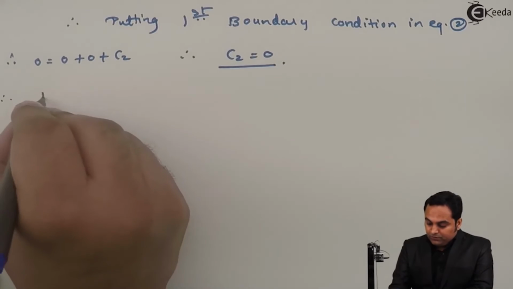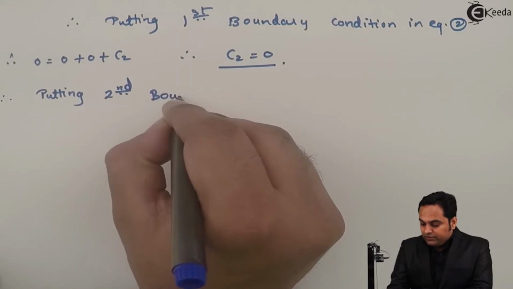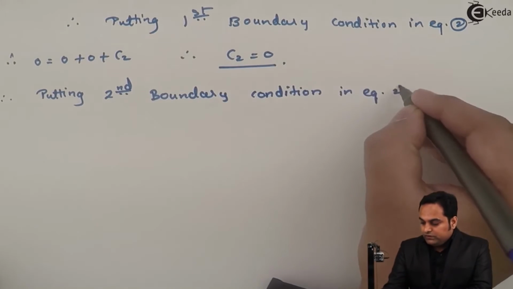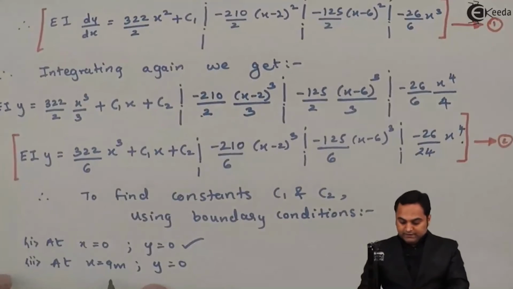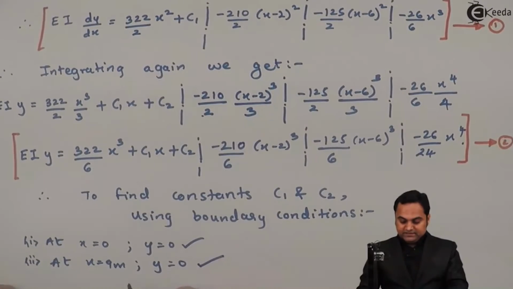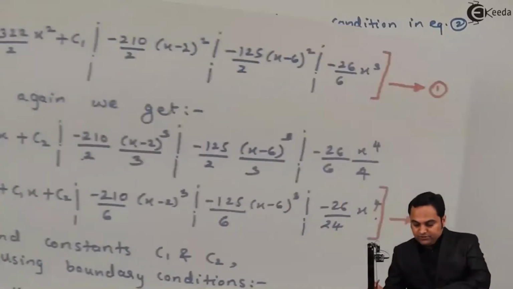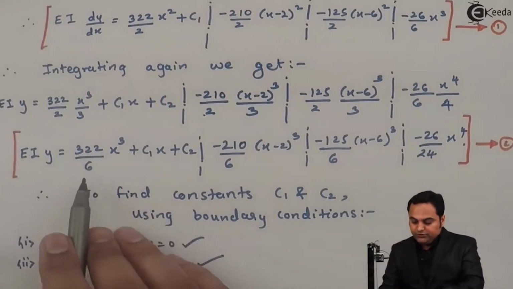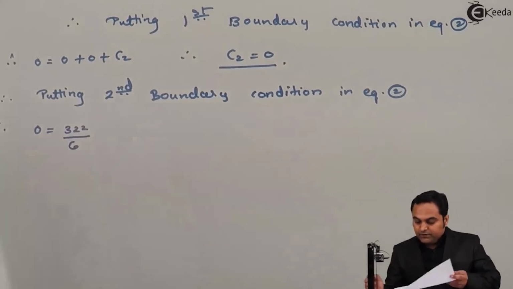So therefore putting second boundary condition in equation second. So we have at x is equal to 9 meter, y is 0, so y becomes 0 in equation second. It's equal to, now x will be 9 meter, so this is 322 by 6, which is as it is.